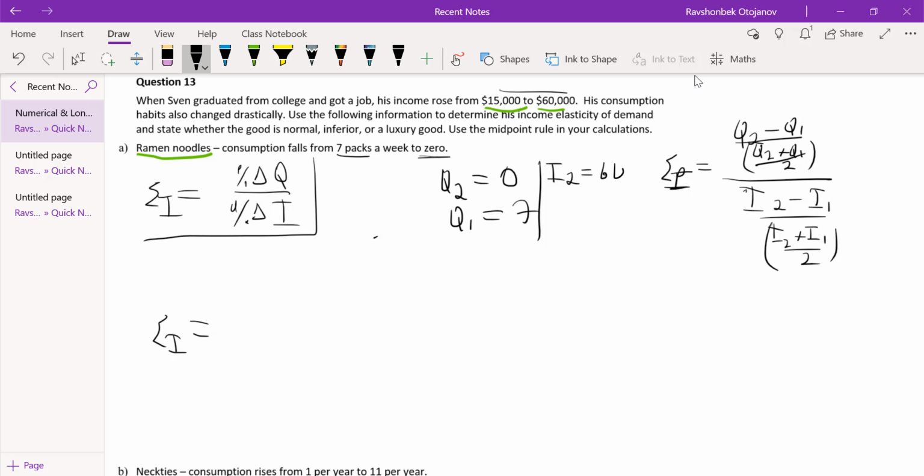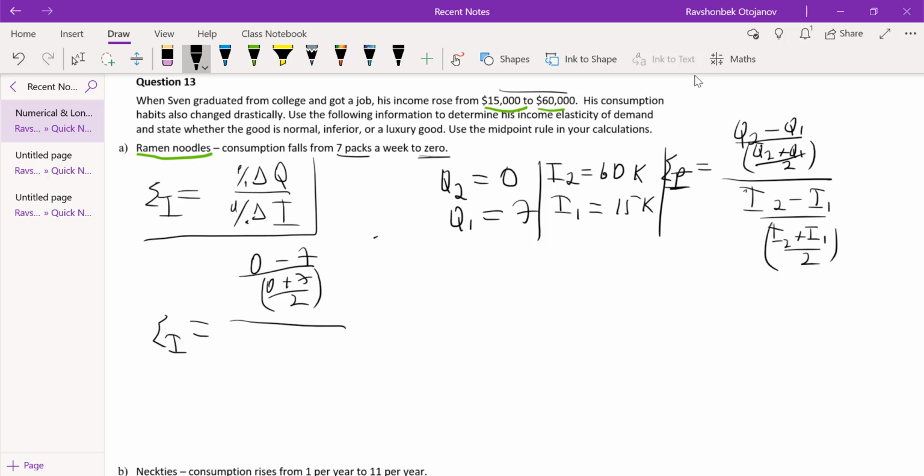Income 2 is 60k. Income 1 is 15k. So quantity is 0 minus 7 over (0 plus 7) over 2.